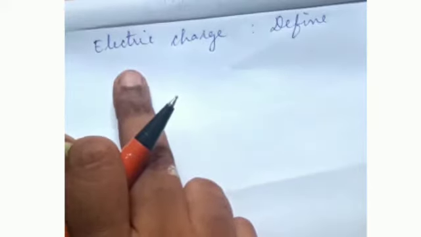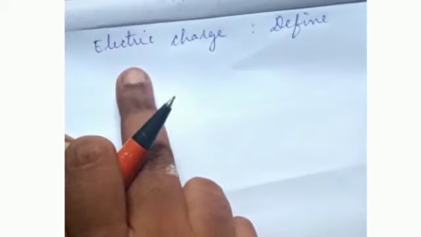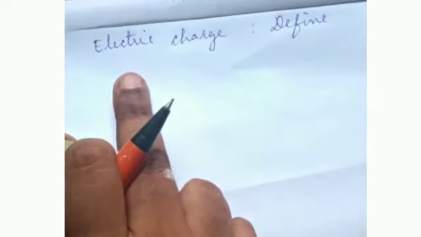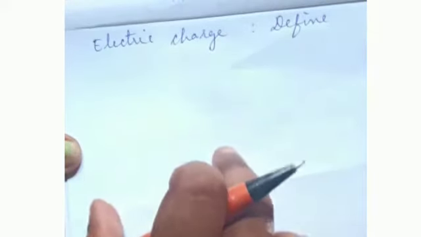Define electric charge. When a question is asked like this, it is very important that first you define what electric charge is, then you write its corresponding formula, and then you write the SI unit. So this is the procedure for writing the definition.